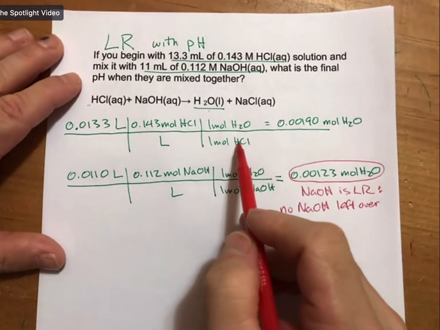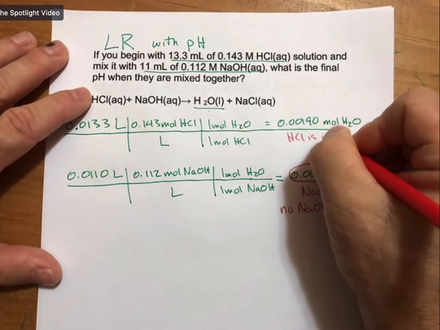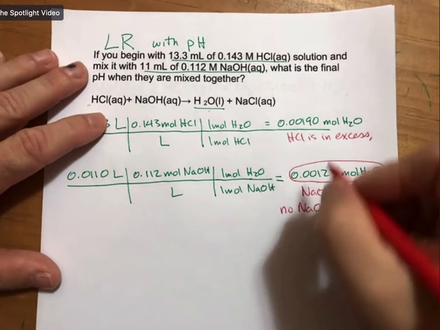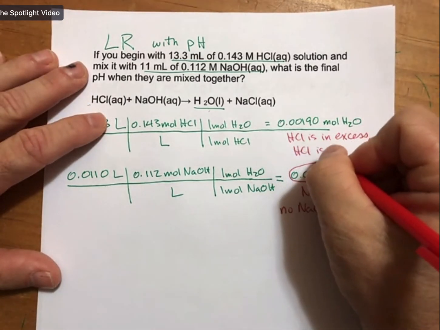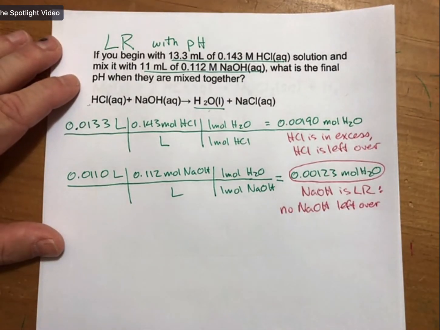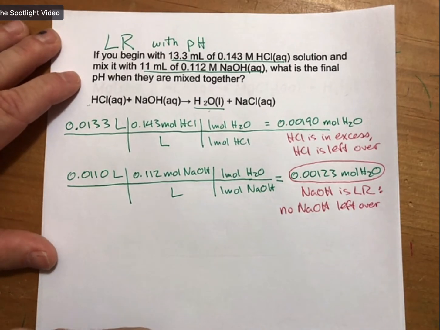And since HCl is our excess reactant, there will be some HCl left over. And in order to find the pH, you have to find out how many moles of HCl are left over.